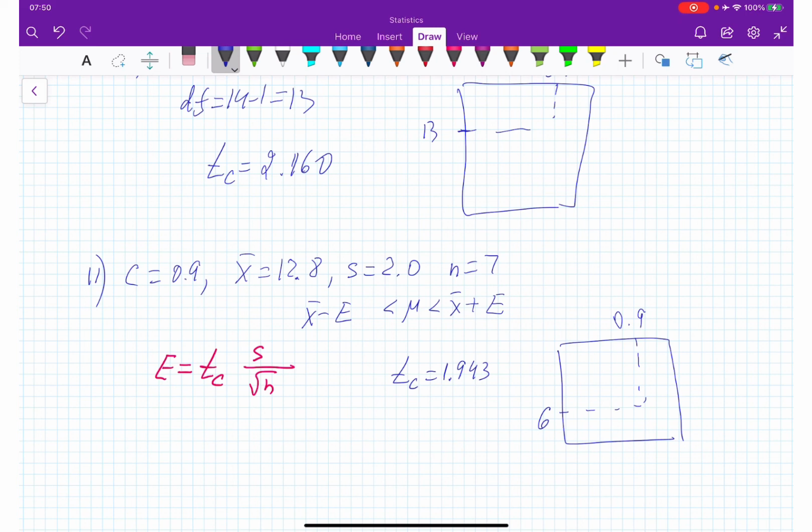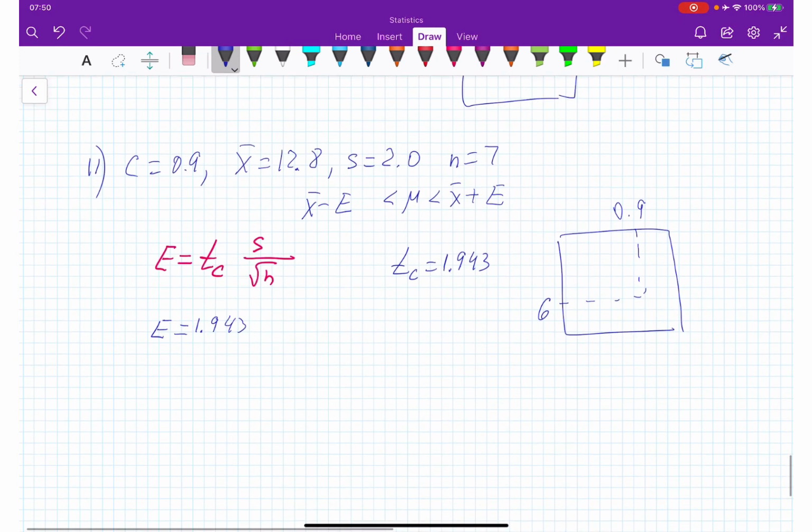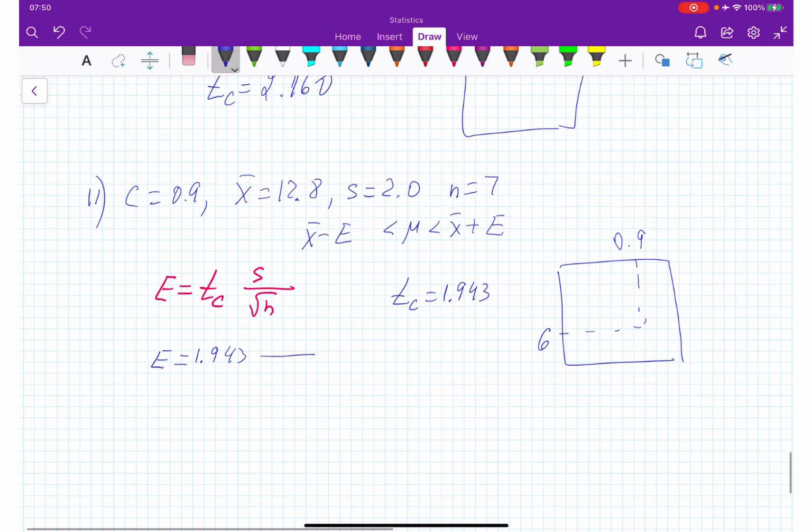It is gonna be margin of error, 1.943. Here we have S 2.0 divided by square root of 7. Let me open calculator. Square root of 7 is 2.646.